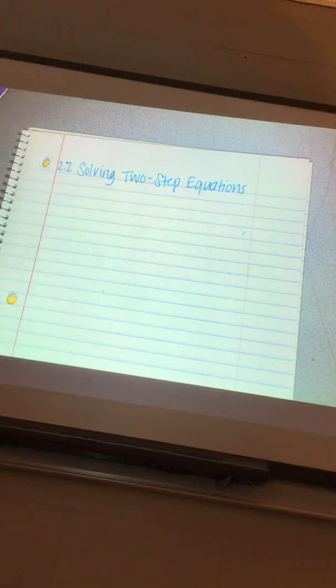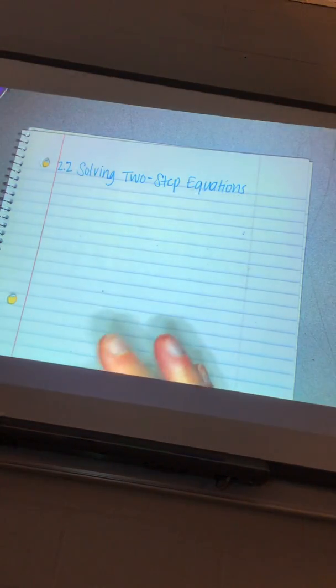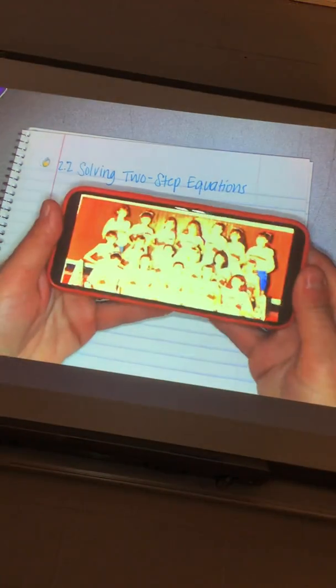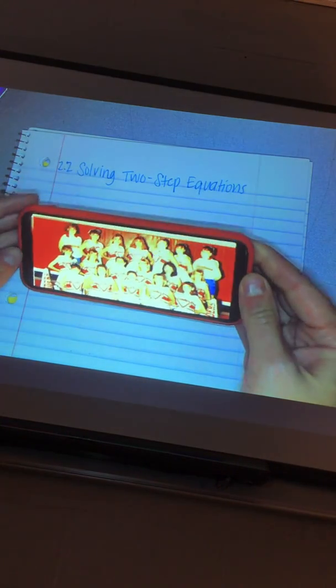But first, since tonight was our first football game and today was our first pep rally, I wanted to show you a throwback from when I was in middle school and I was in cheer. You can't see that very well. Oh man. Okay, maybe if I turn off the light, it will help. Yes. So this was our cheer squad when I was in 8th grade.